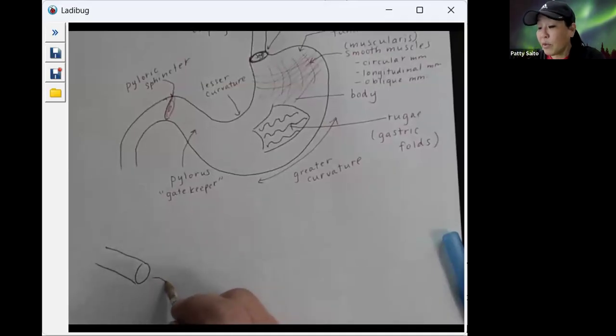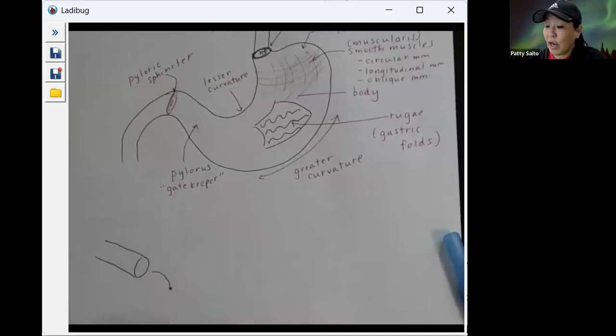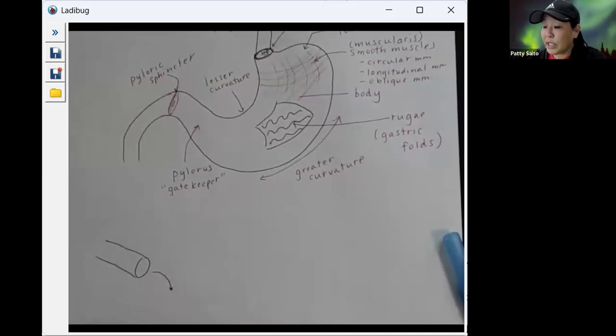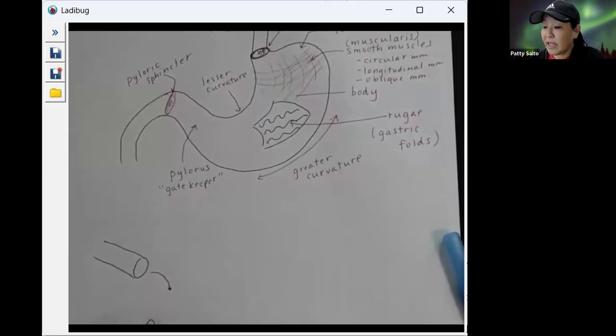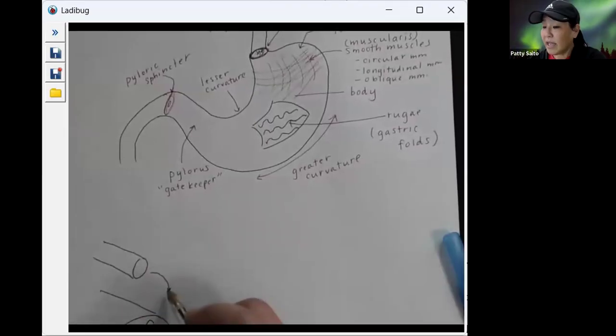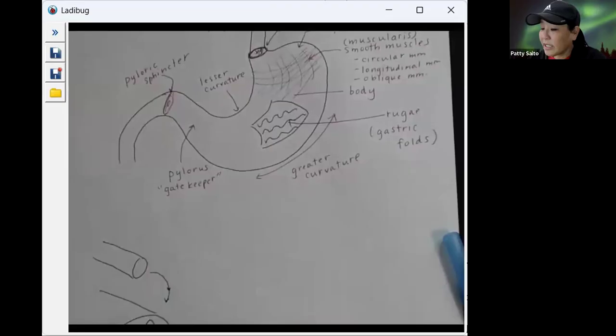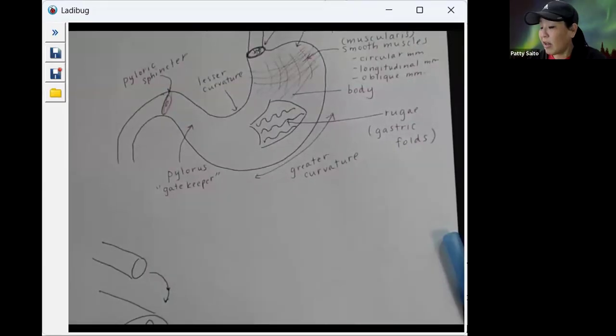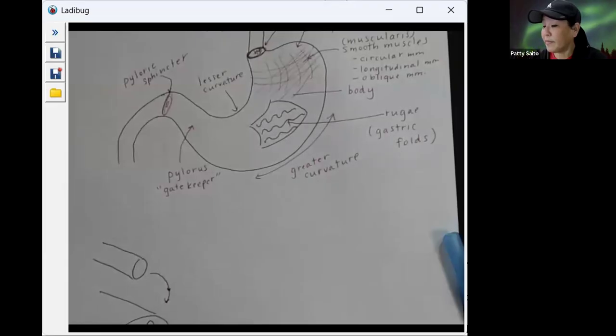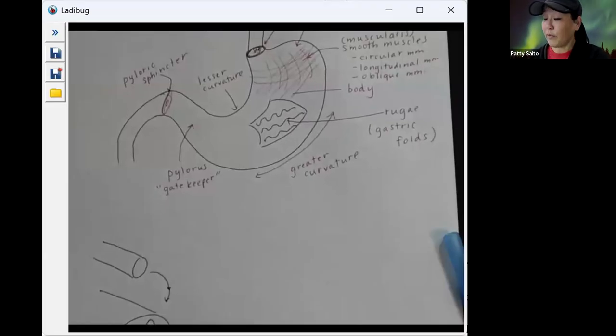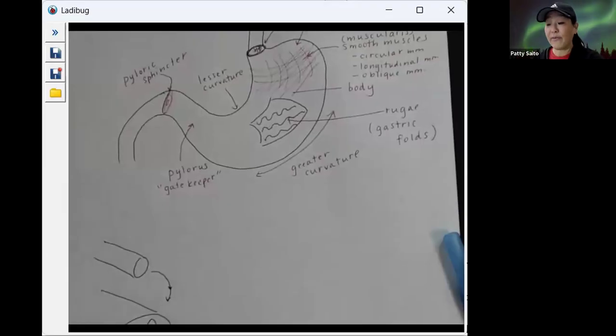But when we look closely, we actually see that there are ridges. These ridges are called circular folds. The circular folds increase surface area 3 times more than if it was just a tube. But wait, it gets better.